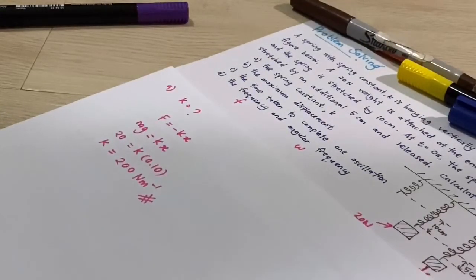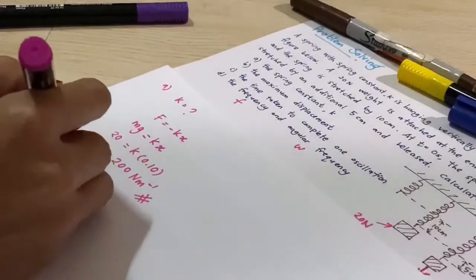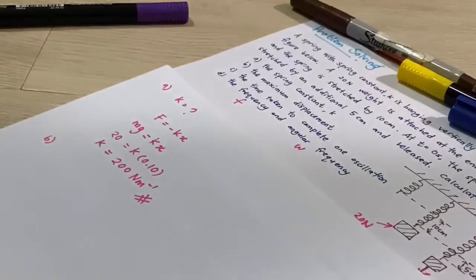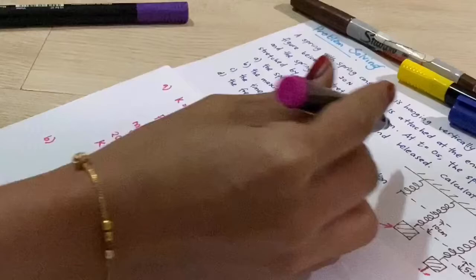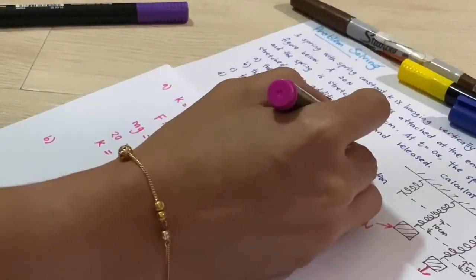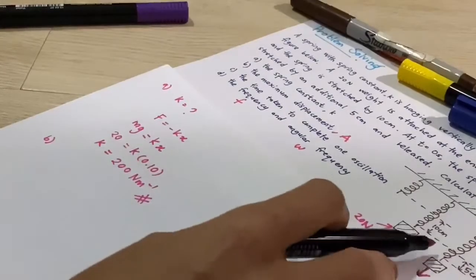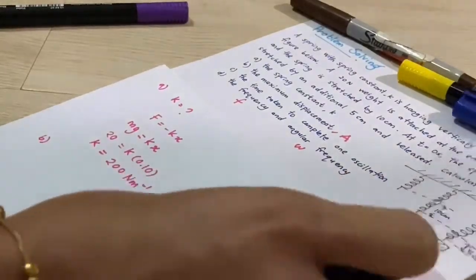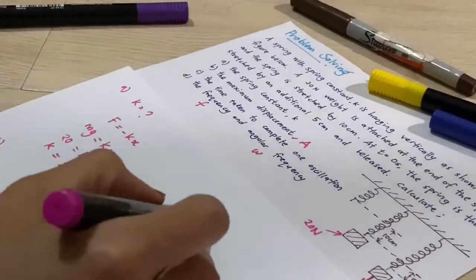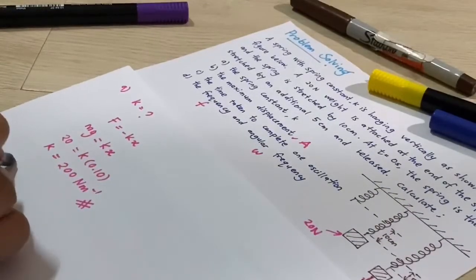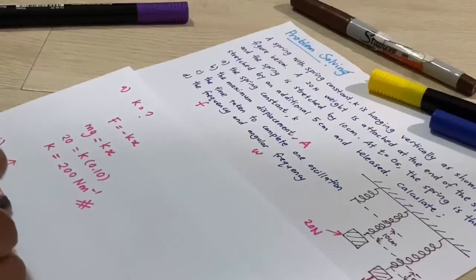Next, the question asks to find the maximum displacement. For a spring or pendulum, in a complete oscillation, the maximum displacement we need to know is the amplitude A. So in this case, when t equals 0, the spring is stretched by another 5 cm.